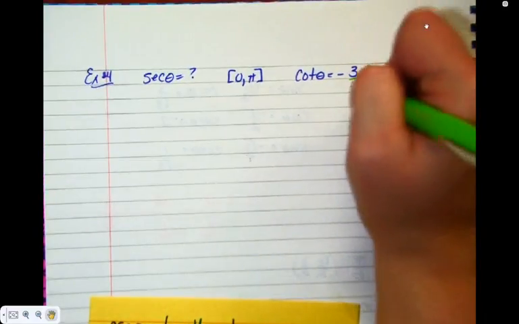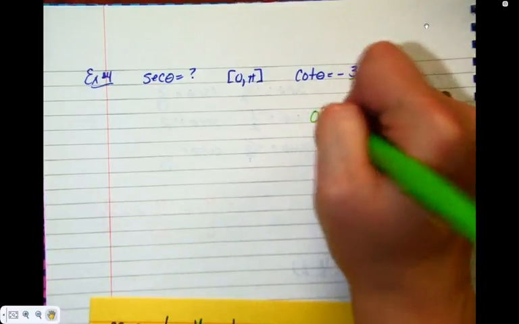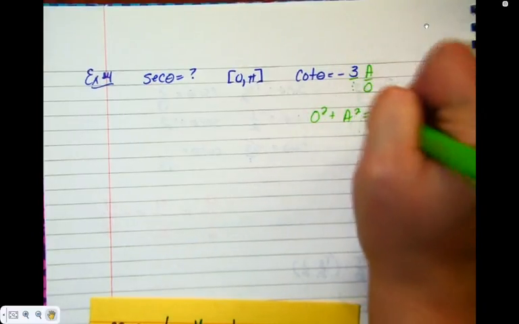A over O. I could switch it to tan. Mathematically, you're right, but let's follow the same steps. What's our second step we always did? Find the missing side. What's missing? H, so I know O squared plus A squared equals H squared.